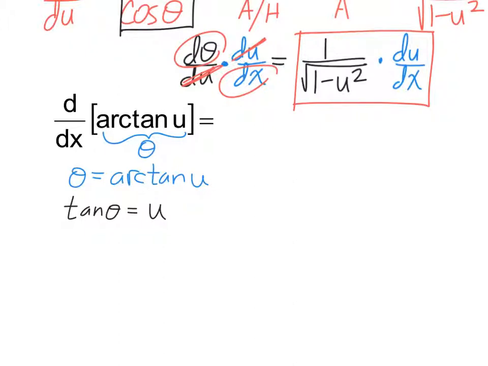You can flip it around, or you could just not write the tangent of theta equals u and go directly to u equals tangent of theta. When all is said and done, you're going to need them both anyway, so it doesn't make a difference.